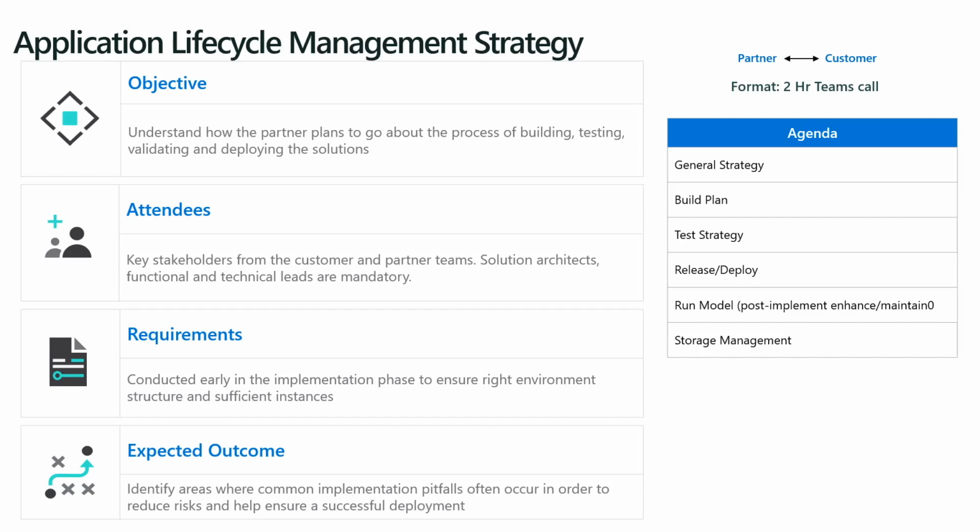All of that will be discussed and covered during this workshop, making sure that all the details are really there and everything is really ready to be moving forward towards the success of the implementation.